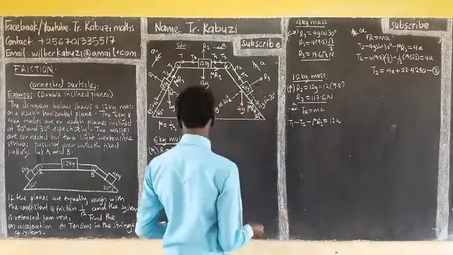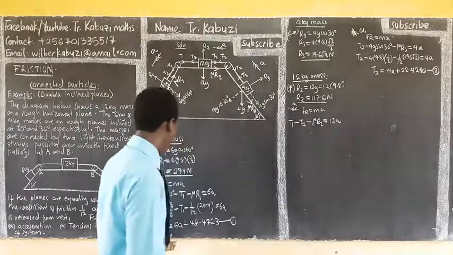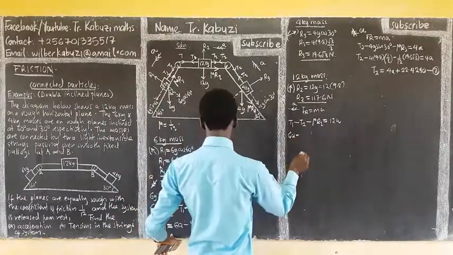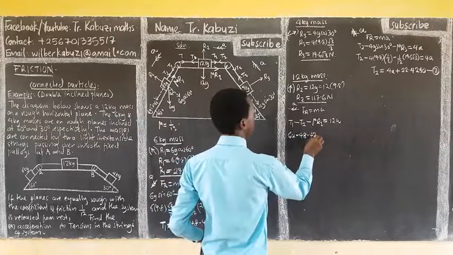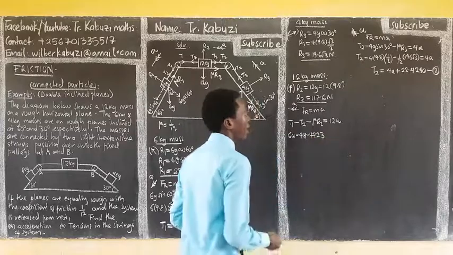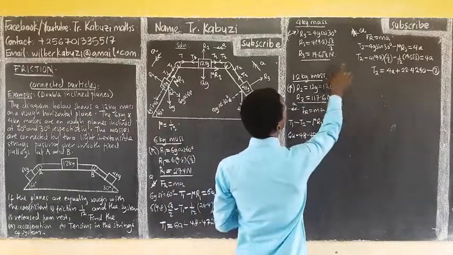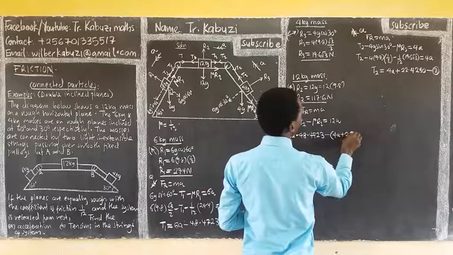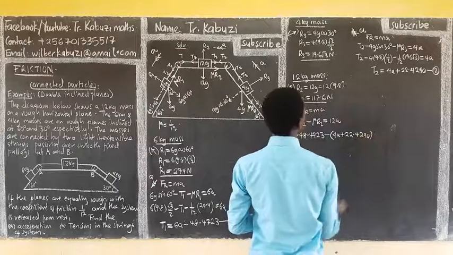So my T1 here is going to be 6A minus 48.4723. Then minus T2. My T2 from there is 4A plus 22.4290.